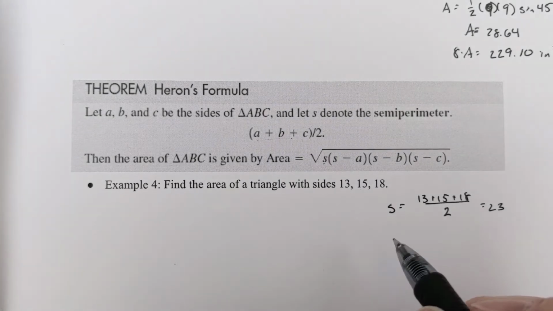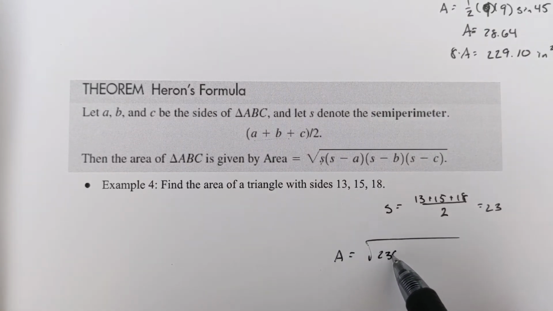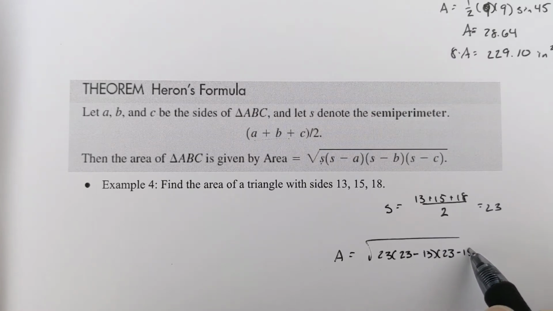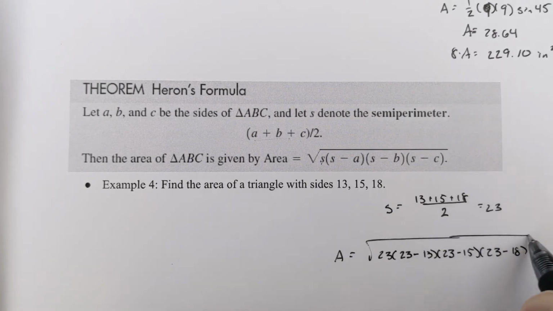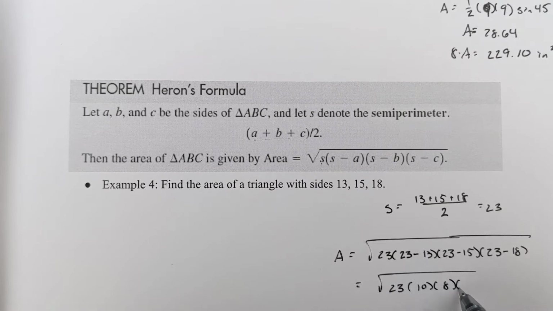So the area is equal to the square root of 23 times 23 minus, well, it's the first side, 13, times 23 minus the second side, which is 15, times 23 minus the third side, which is 18. So this is the square root of 23 times 10 times 8 times 5.